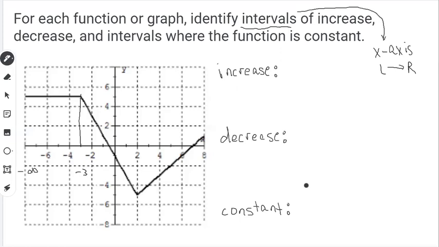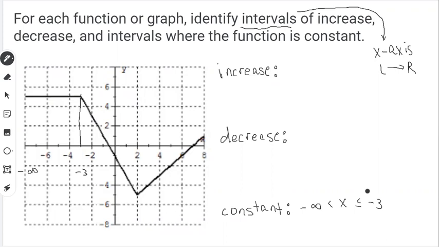So what we can say is x is going to be between negative infinity and -3. And I'll put the -3 with a less than or equal to symbol. So you can write it as an interval if you want to.